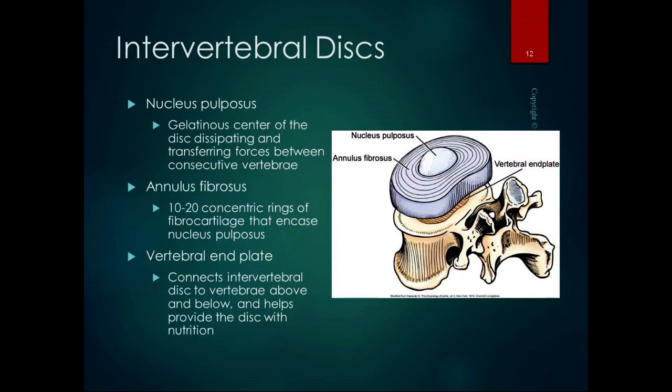So the intervertebral discs consist of a nucleus pulposus, which is the gelatinous center of the disc, and it dissipates and transfers forces between consecutive vertebrae. The annulus fibrosus is 10 to 20 concentric rings of fibrocartilage that encase the nucleus pulposus.